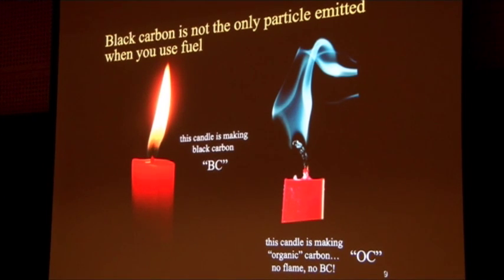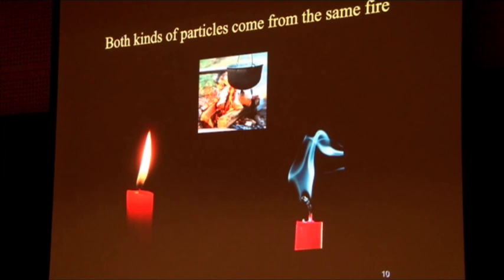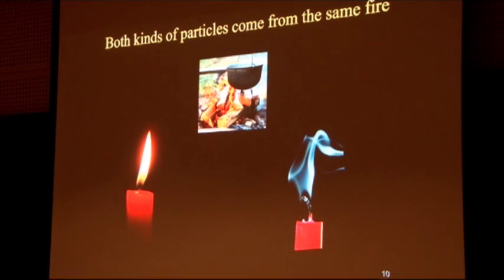Because the candle is still hot, the wax is going up the wick and evaporating. So that is fuel that's not burned, and it's not black because it didn't go in a flame. So you can have 1 candle making black carbon and 1 candle making white carbon. In atmospheric science, we call that organic carbon. It's a bad, chemists hate us, bad definition, but we call it organic carbon, sometimes OC.